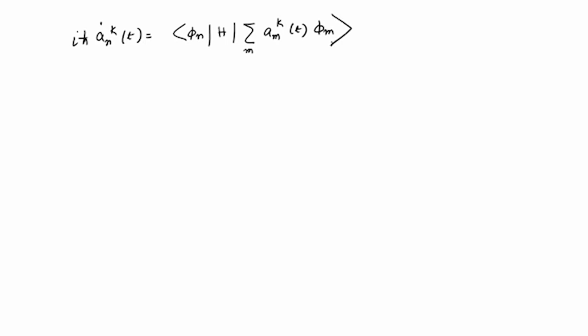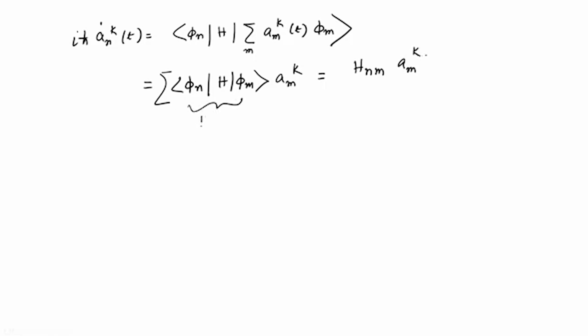Okay. So, this is the form that we want, and what we can write here is phi n H phi m, and we have a mk. That gives you H nm, which is the matrix element of the Hamiltonian operator between these basis states n and m, and this is equal to a mk. Okay. So, H nm is nothing but this.